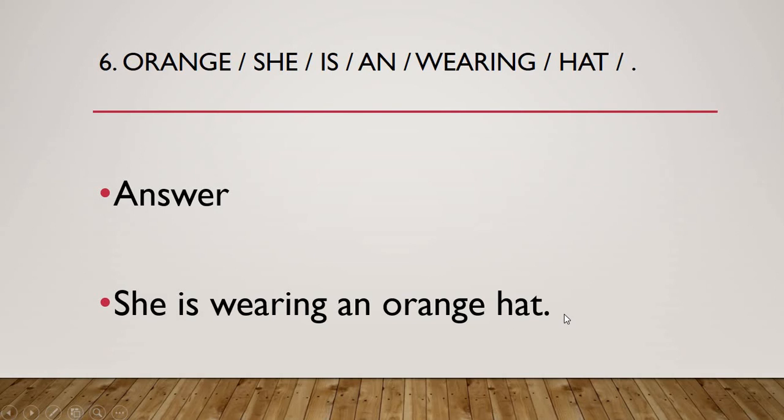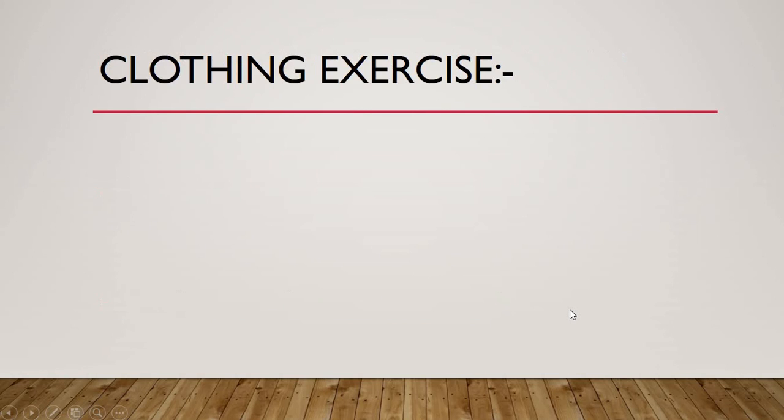Orange hat means not the hat made up of orange fruit. Yes, orange colored hat. So repeat after me. She is wearing an orange hat. One more time. She is wearing an orange hat.